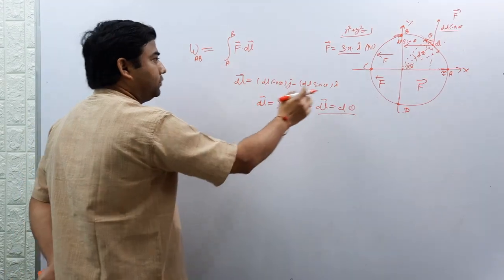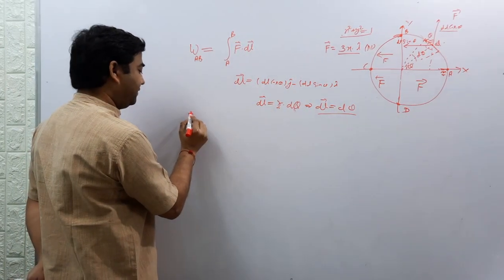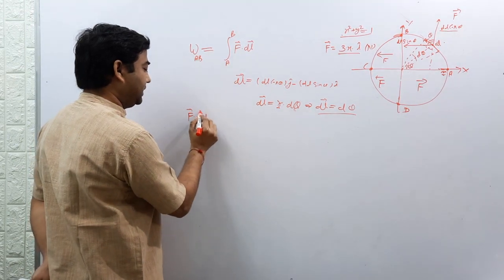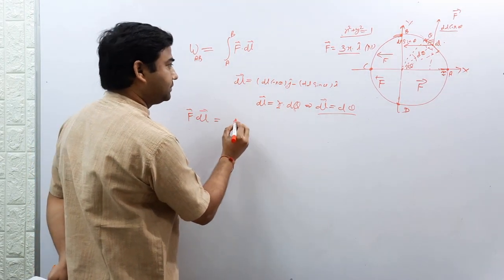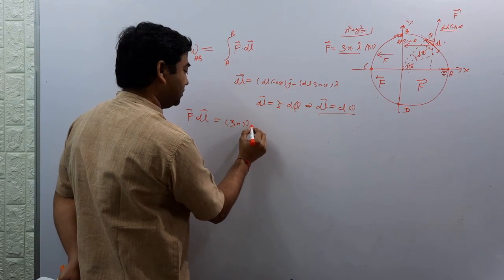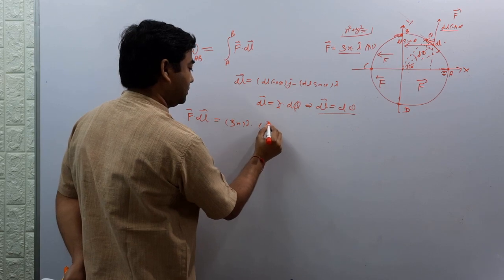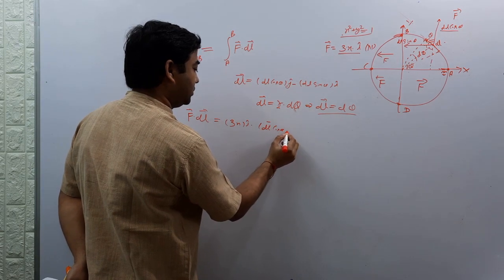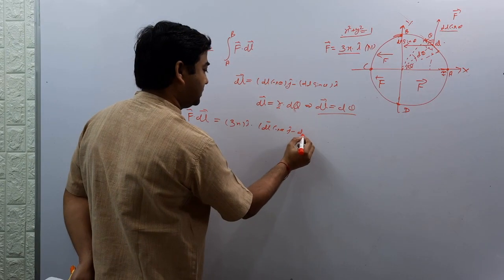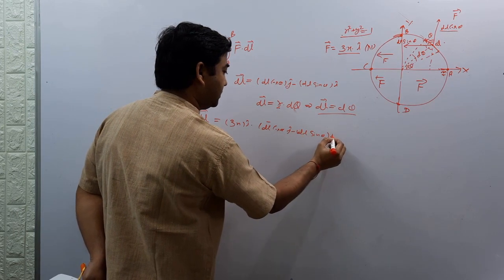So now for this small segment, f dot dl will be 3x i dot dl cos theta j minus dl sin theta i.